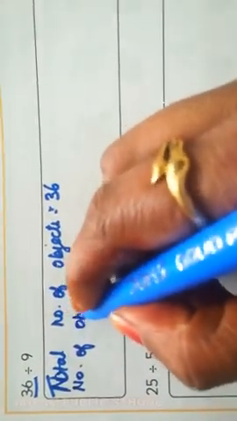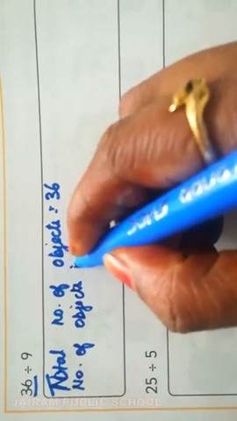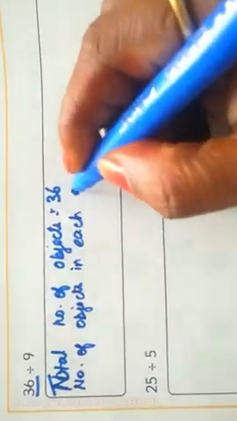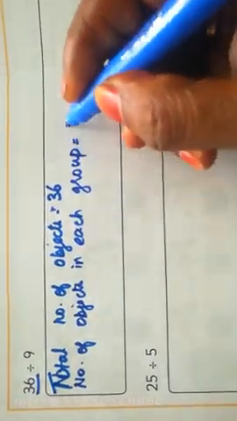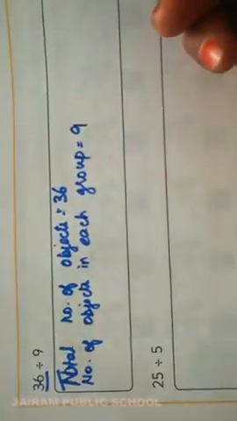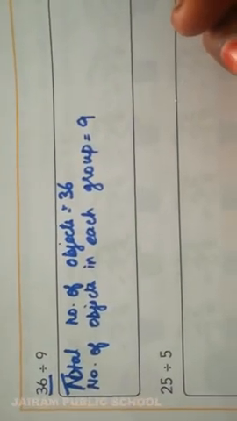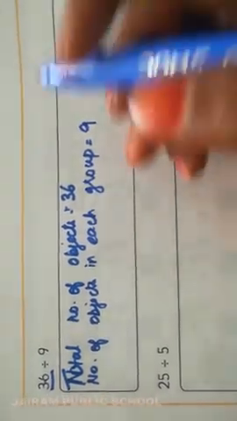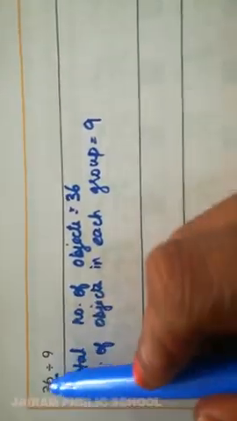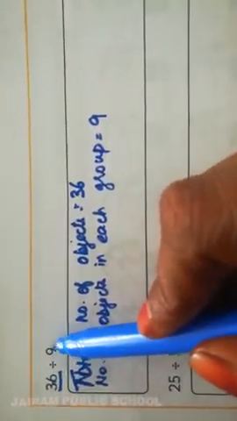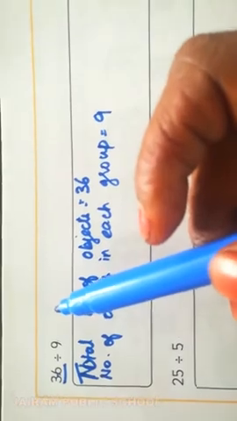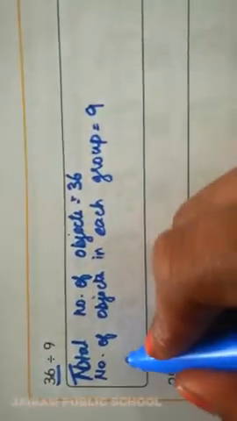Then, number of objects in each group equal to 9. Now, we have to find the number of groups. For that, first, 36 divided by 9. Each group consists of 9 objects. First, we have to draw the objects.